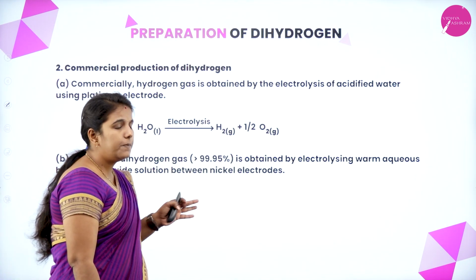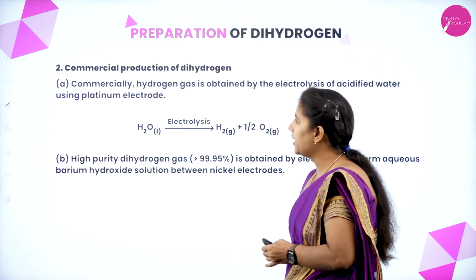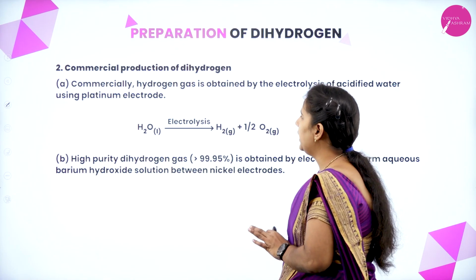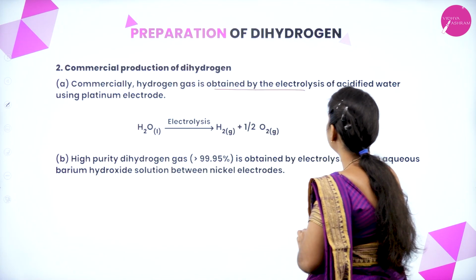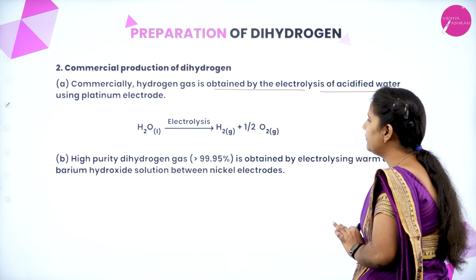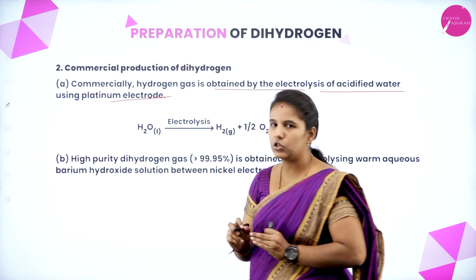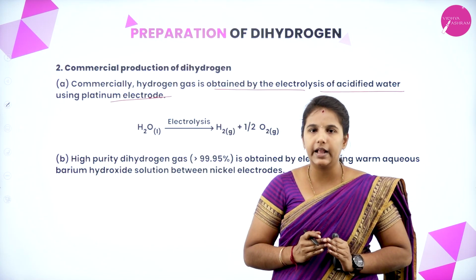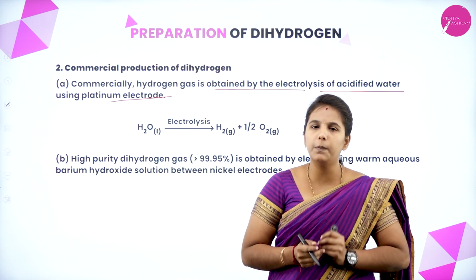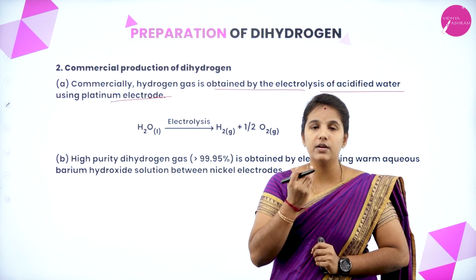We can also prepare this hydrogen commercially. So how to prepare it? Commercially, hydrogen gas is obtained by electrolysis of acidified water using platinum electrodes. So here we will take a large container and use 2 platinum electrodes, and also we are using acidified water.